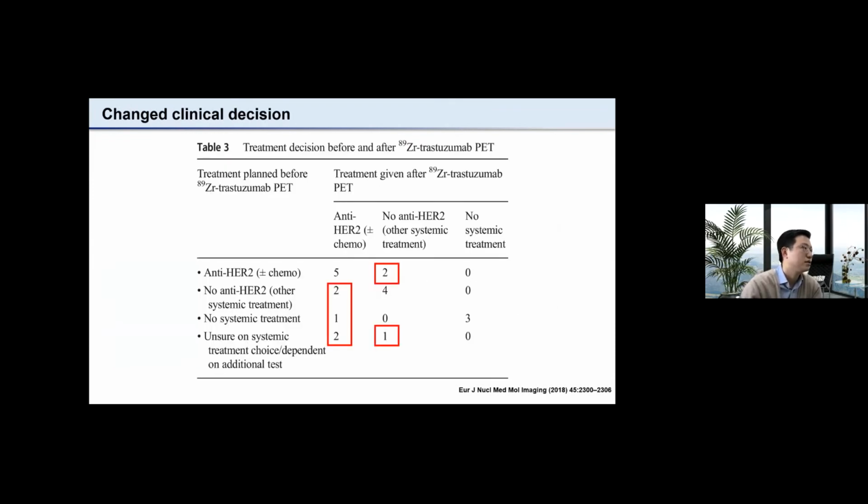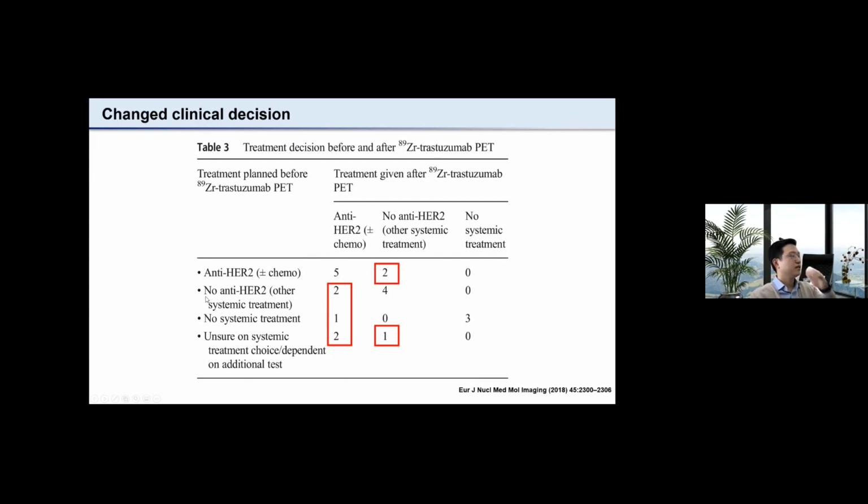So this is a summary of the treatment decision before and after the HER2 PET. As you can see here, the x-axis is the treatment plan before HER2 PET for these patients. They initially planned anti-HER2 for 7 patients, but after the PET scan, 2 patients were considered to be negative, so they didn't receive the anti-HER2 treatment, so it changed.